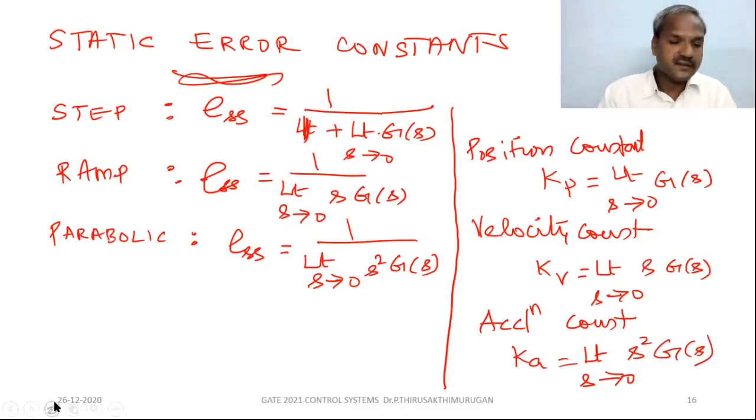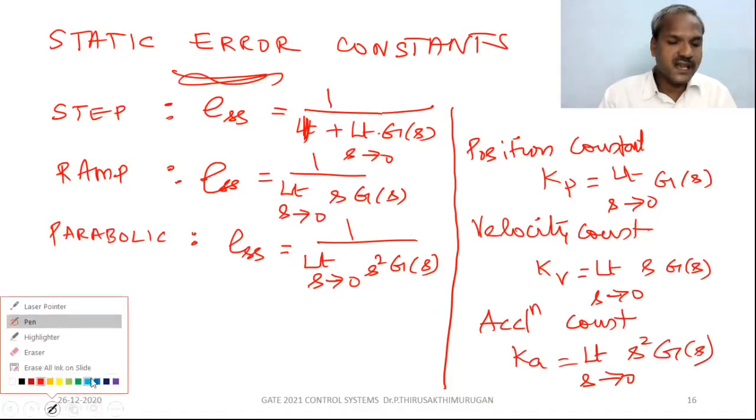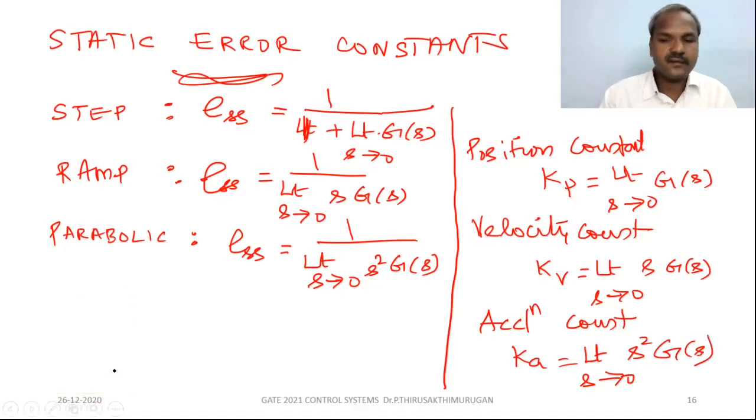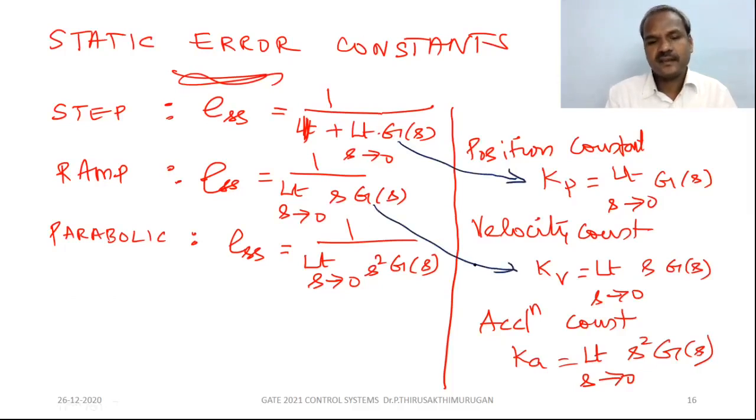So these are all static error constants, this is Kp, this is Kv, this is Ka, right? We can sum up in a tabular column, and remember this in a matrix format.